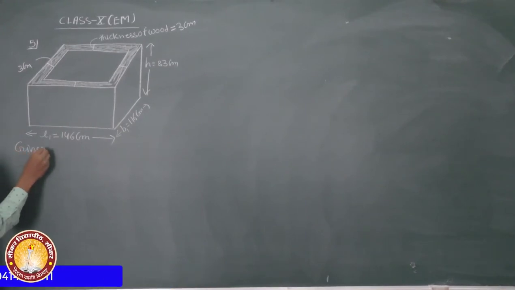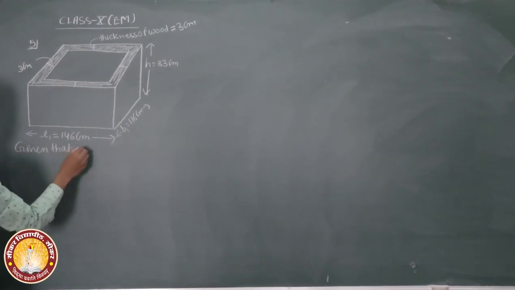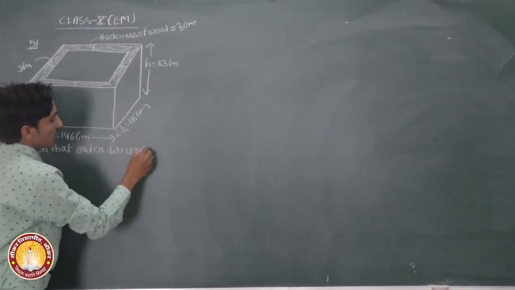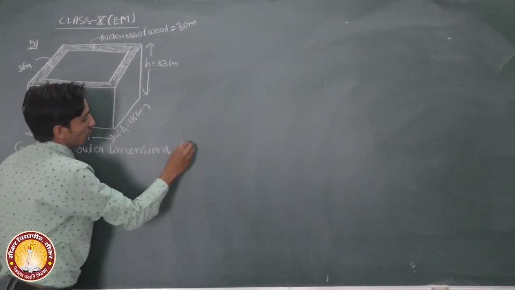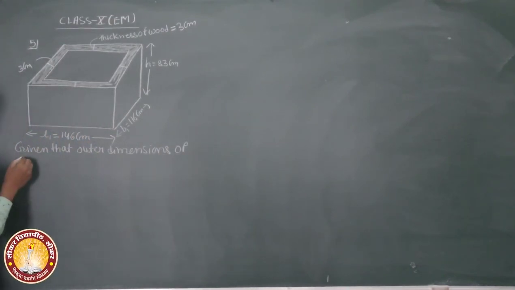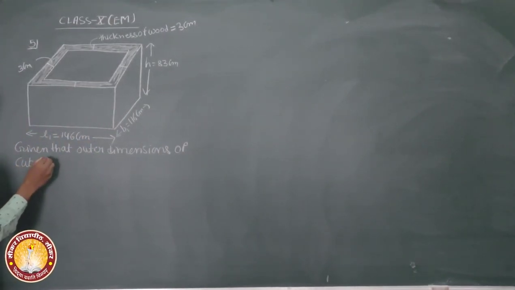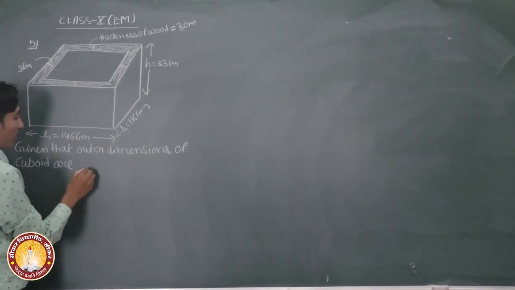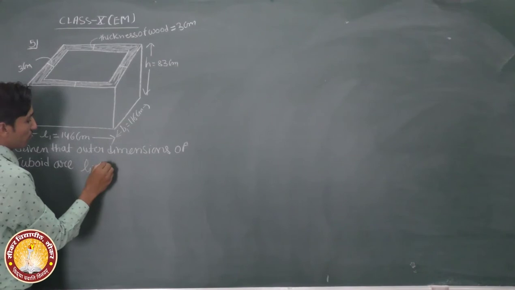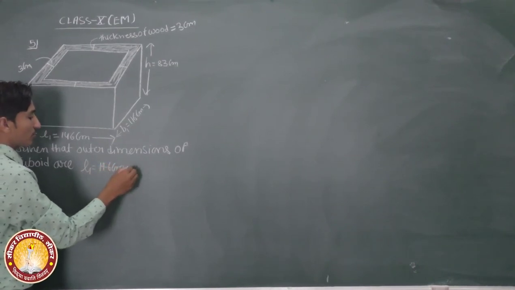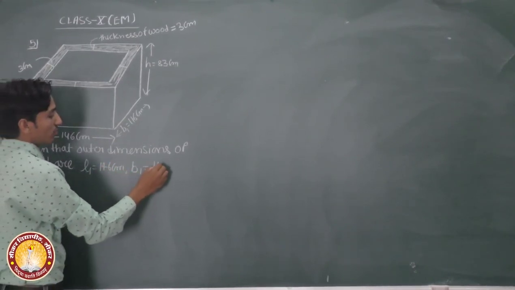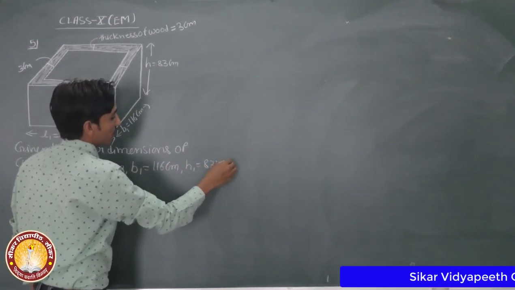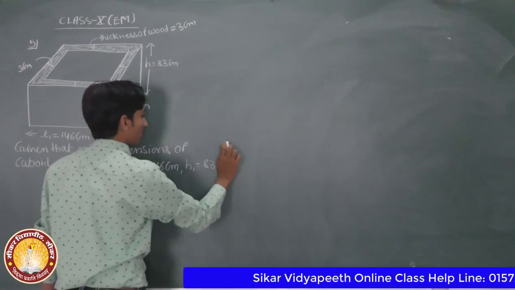Given that outer dimensions of cuboid are L1 is equal to 146 centimeter, B1 is equal to 116 centimeter, H1 is equal to 83 centimeter.